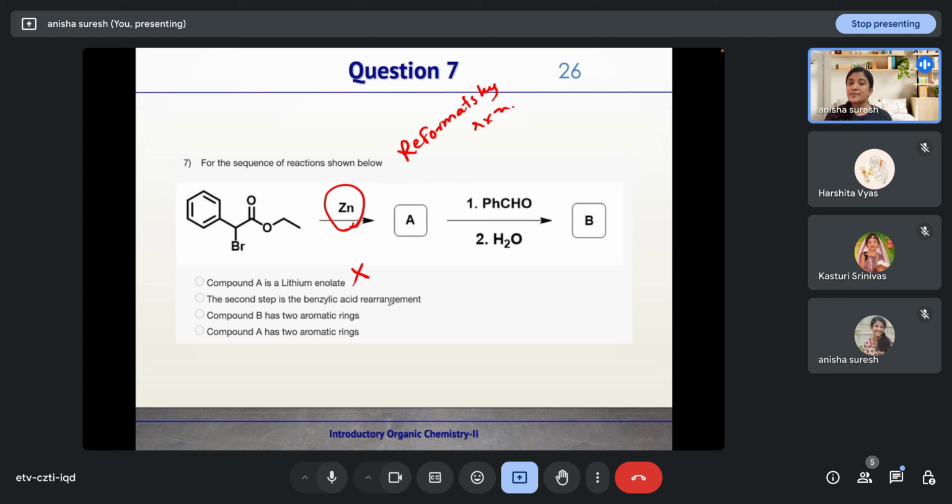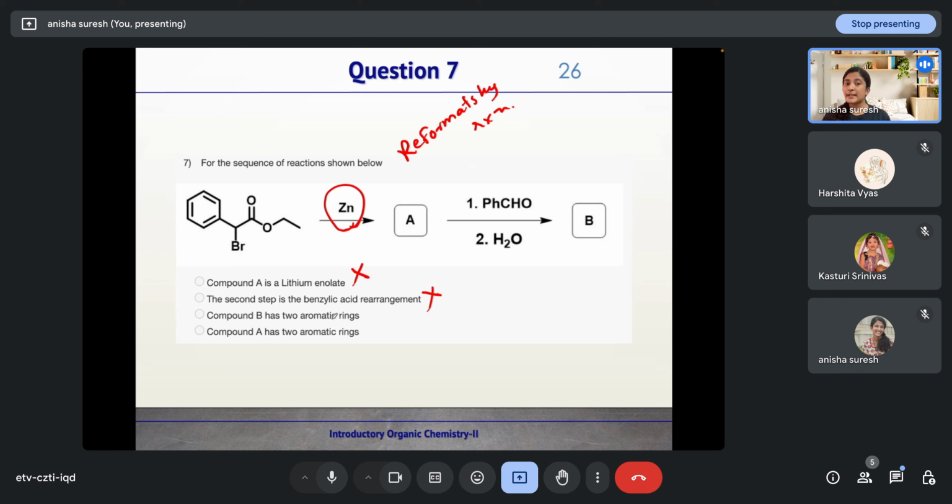And the second step is a benzilic acid rearrangement, that is also false. The enolate addition will be taking place. It is sort of an aldol reaction only, so this is also wrong. Now, compound B has two aromatic rings, compound A has two aromatic rings.